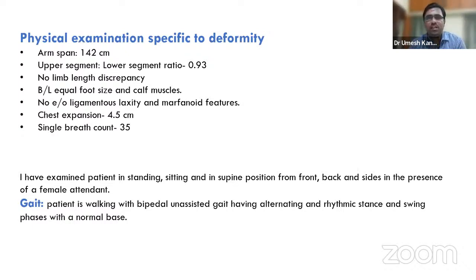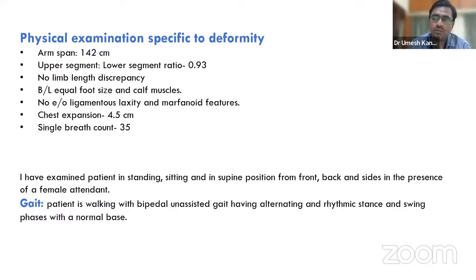I examined ligamentous laxity according to the Beighton score, sir. What is the score you got in this patient? You said you examined according to Beighton. Do you know the score?